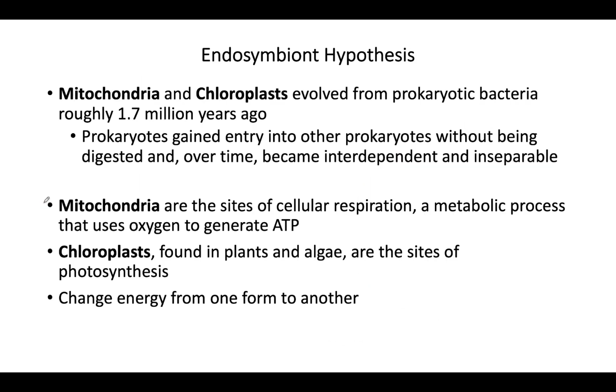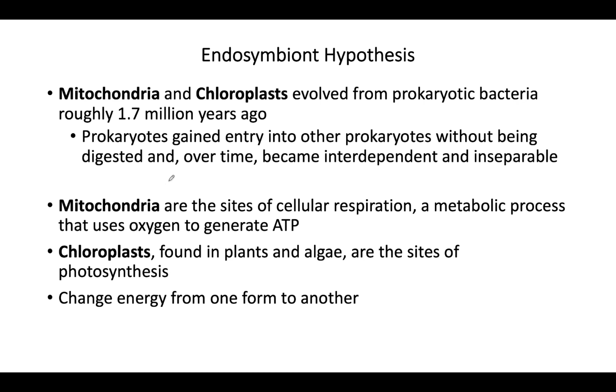Endosymbiont hypothesis. Mitochondria and chloroplasts evolved from prokaryotic bacteria roughly 1.7 million years ago. Prokaryotes gained entry into other prokaryotes without being digested and over time became interdependent and inseparable. In other words, the mitochondrion was an independent prokaryotic cell.